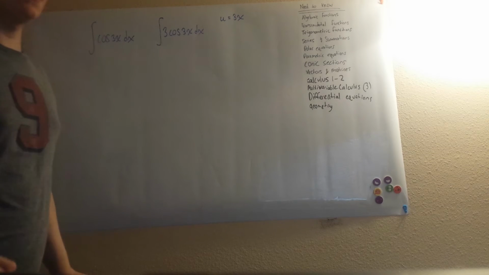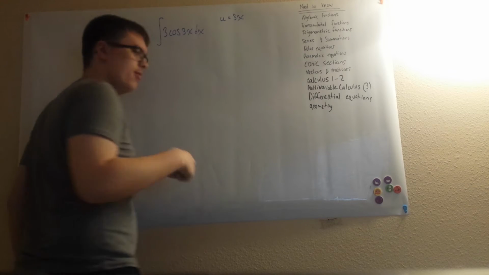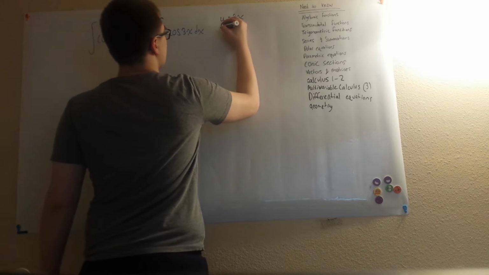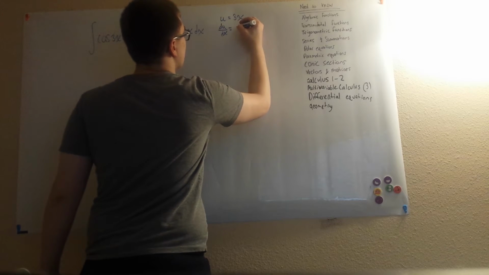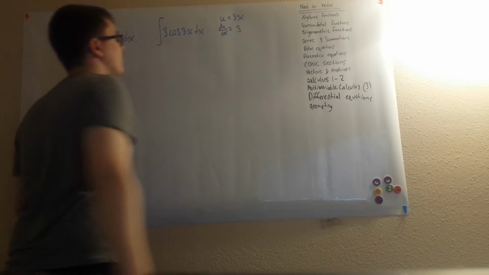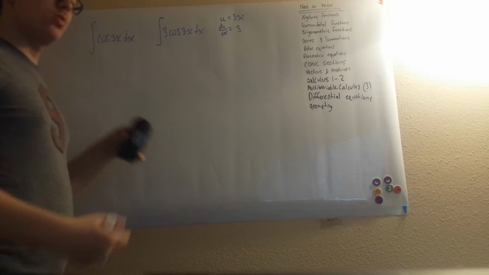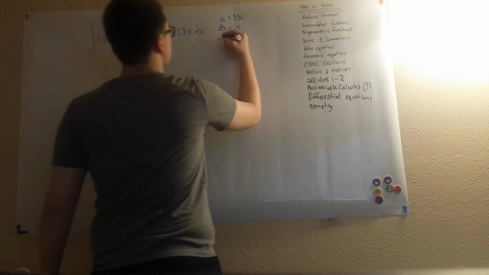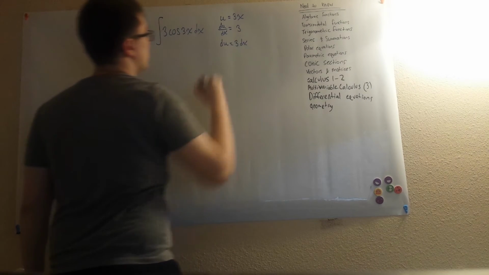If we let the inside equal u, let's take a derivative of both sides. So du/dx equals 3. The derivative of u with respect to x equals 3. Let's put that in differential form: du equals 3dx.